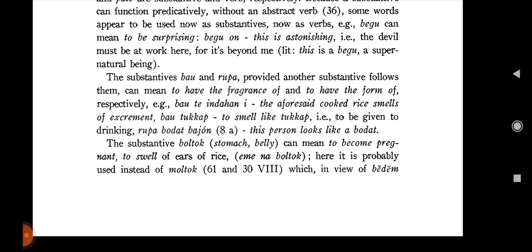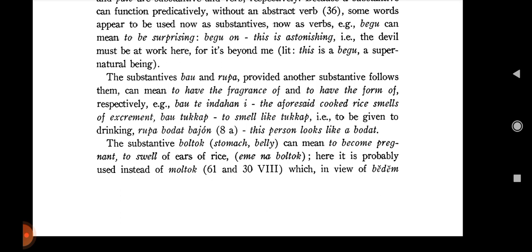Begu can mean to be surprising. Biguon, this is as though, begu on, this is astonishing, i.e. the devil must be at work here, it is beyond me. Also, this is a begu, a supernatural being. The substantives bau and rupa, provided another substantive follows them, can mean to have the fragrance of and to have the form of, respectively.